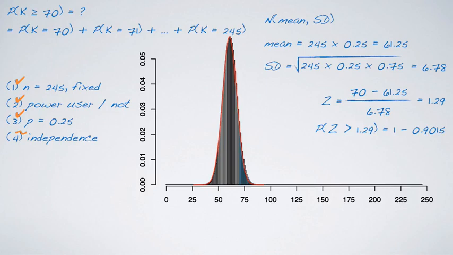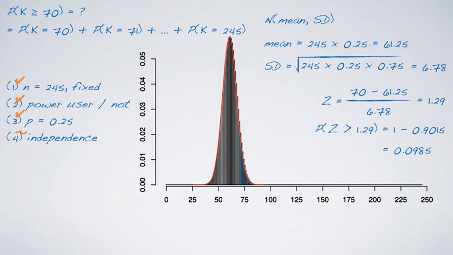Well, because the table always gives us the percentile, or the area under the curve below the observed value, and we want to find the complement of that, which comes out to be 0.0985. So there is a 9.85% chance that an average Facebook user with 245 friends has at least 70 friends who are considered power users.